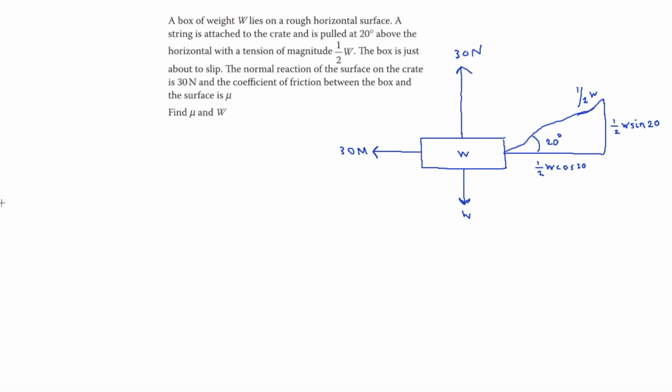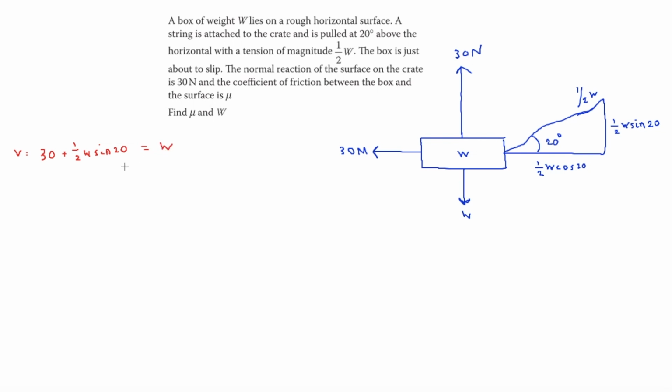We'll start with vertical, which means we're going to get 30 plus half W sine 20, and that is equal to W.